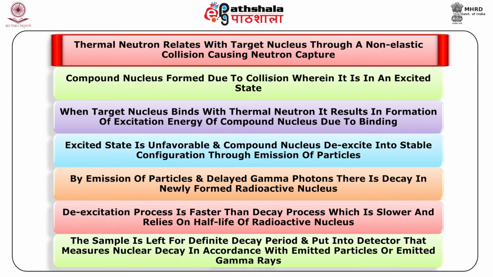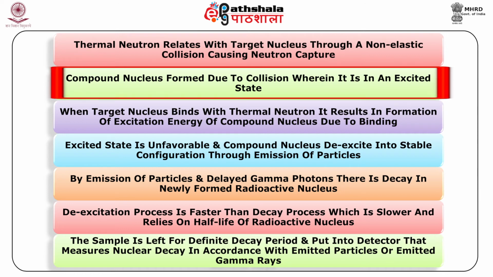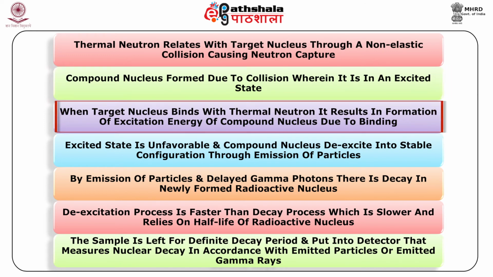On being irradiated, a thermal neutron interacts with the target nucleus through a non-elastic collision, causing neutron capture. A compound nucleus is formed due to this collision, wherein it is in an excited state. When the target nucleus binds with the thermal neutron, it results in the formation of excitation energy of the compound nucleus.